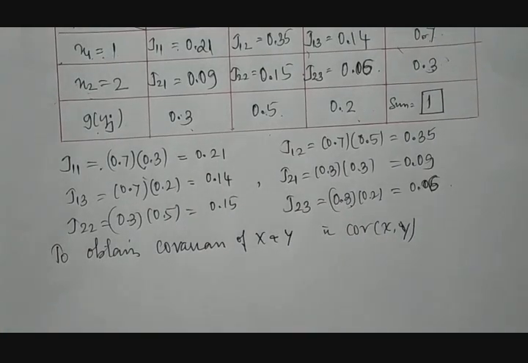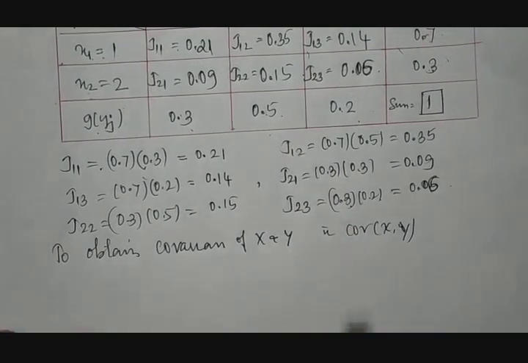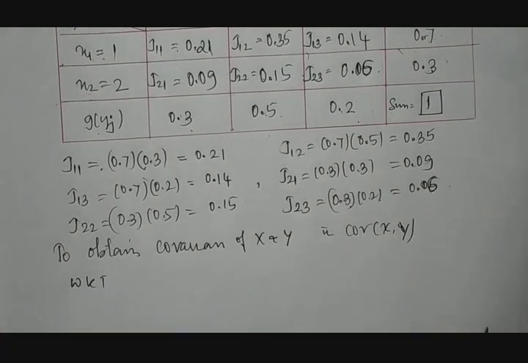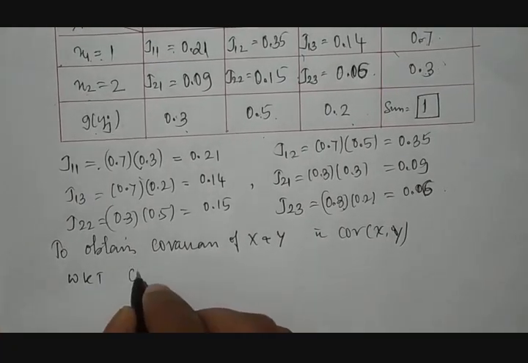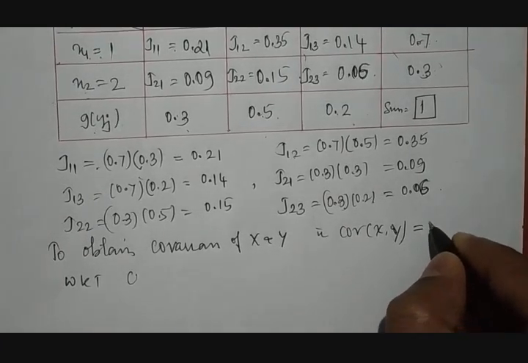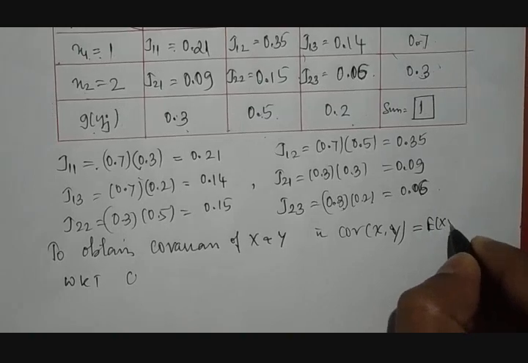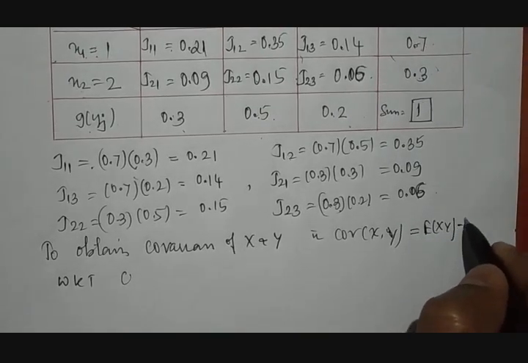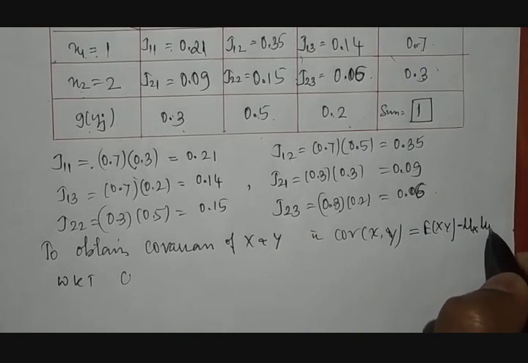The formula for covariance, I'll write here only. Covariance can be calculated by expectation of x into y minus mu x into mu y.